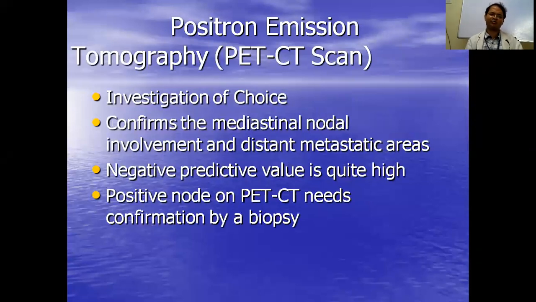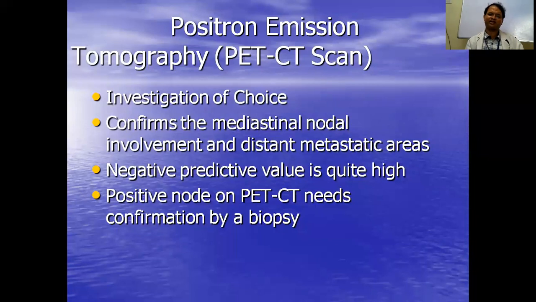PET-CT scan, positron emission tomography. This is the investigation of choice in a patient who is suspected to have malignancy. It confirms the mediastinal node involvement, and also it confirms the distant areas of metastasis. If the PET-CT scan report is negative, then its predictive value is quite high.